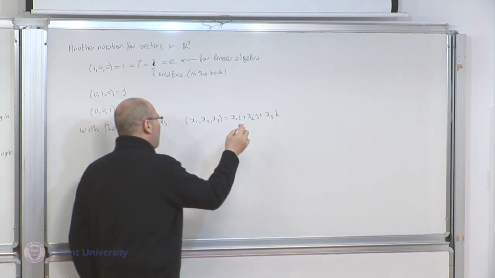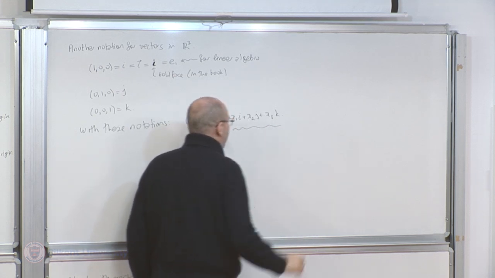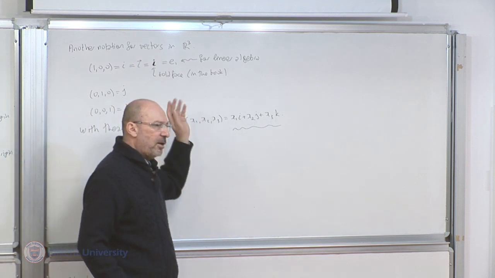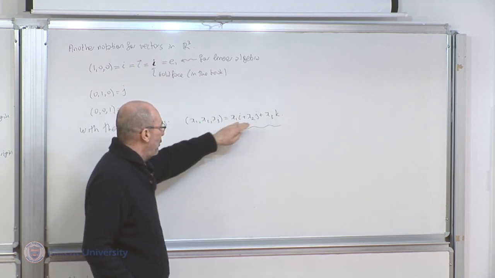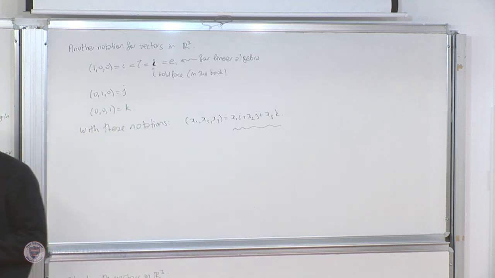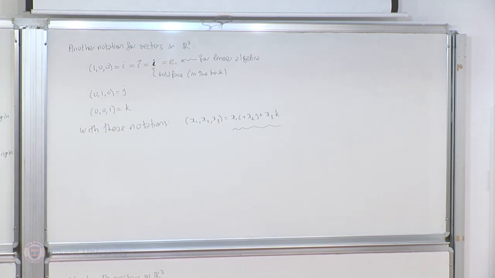Most of the time, I believe also in the exams, you will see vectors written like this. I prefer to use it this way, but this is a personal taste. Some people prefer to use it this way, some people use it this way. The important thing is to know that they are the same. You should be able to shift from one to the other without thinking.